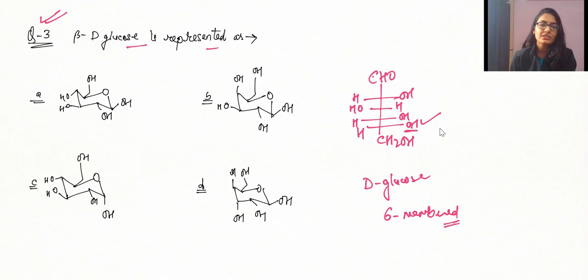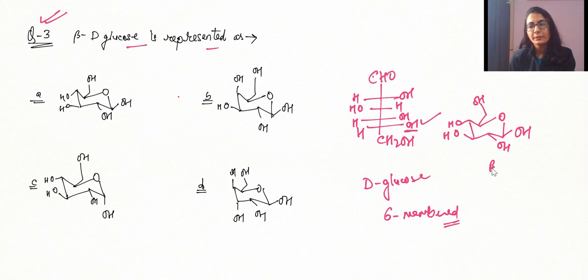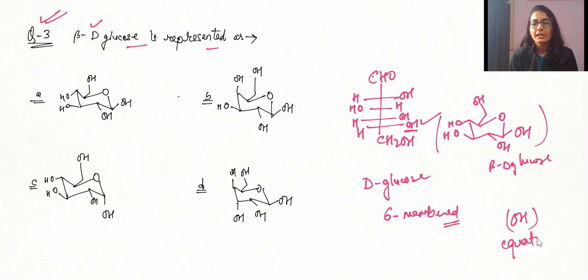Okay, and ultimately it would be very easy for you to remember the structure of beta D glucose if you do it that way. Alright guys, so basically this is the structure of beta D glucose as I've already drawn. It's a very easy way of remembering that in beta D glucose, all of the OH groups are equatorial, right?